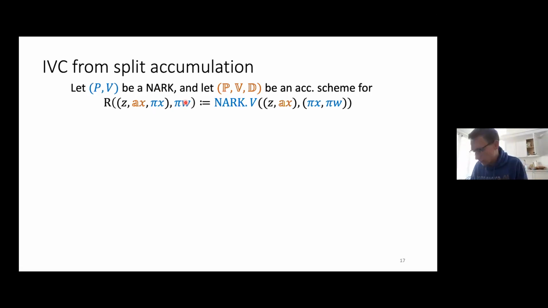So we should be able to split the proof into a short part here, and then a long part pi w. And the relation that we are trying to accumulate is simply the NARC verifier, where the NARC verifier gets as input the accumulation instance, and then in Z, and also the entire proof.